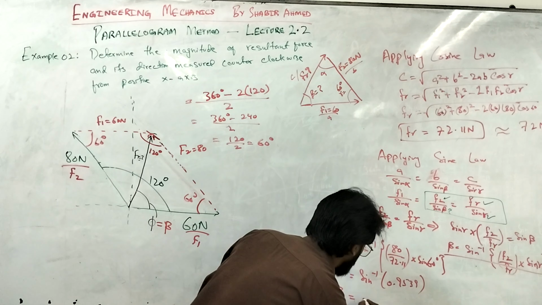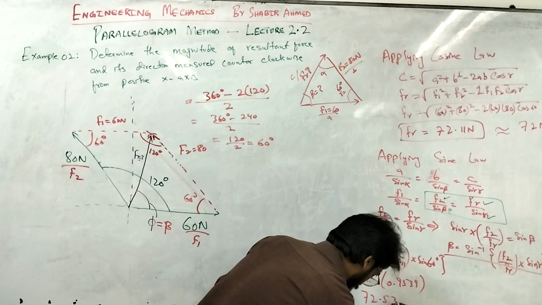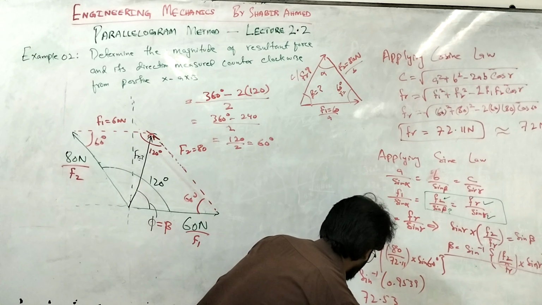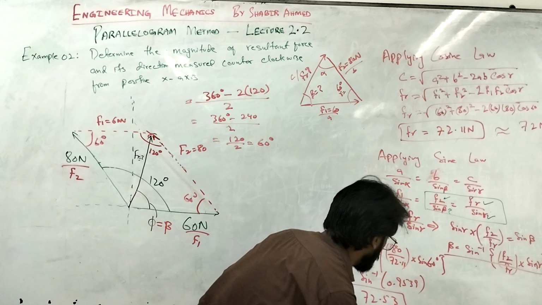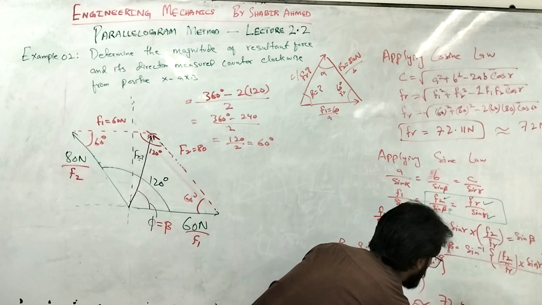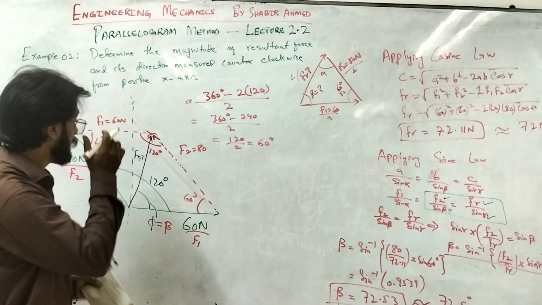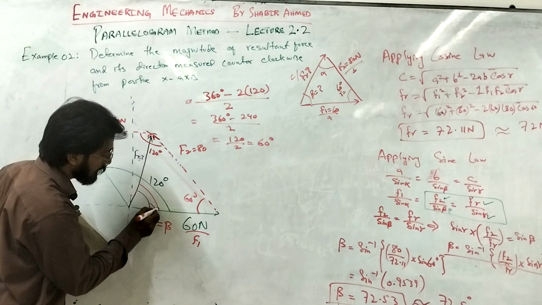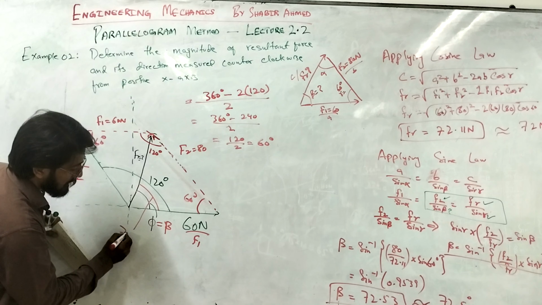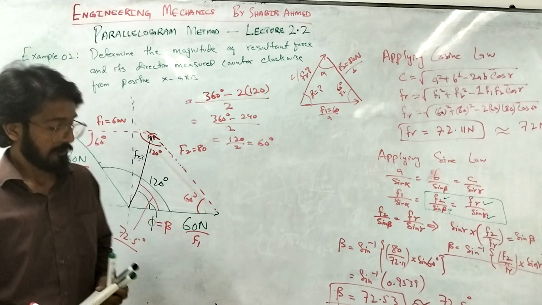And when we solve for beta, the answer will be 72.53 degrees, which is equivalent to 72.5 degrees. So we have the values, and we know this angle, that is 72.5 degrees. Answer.